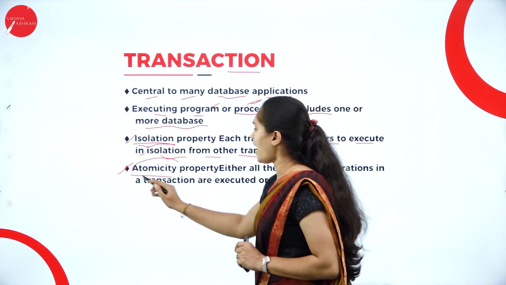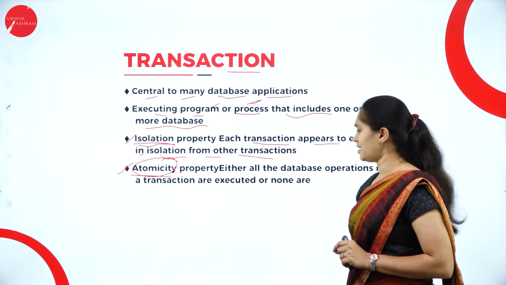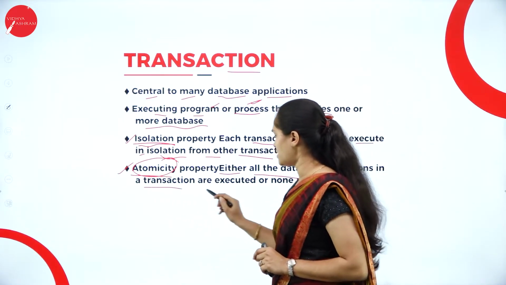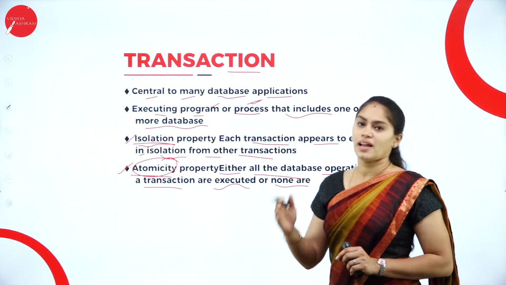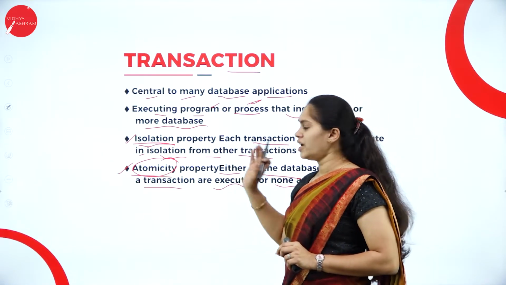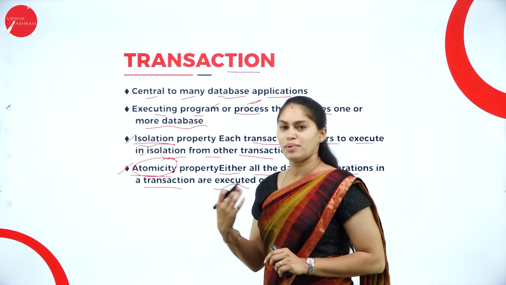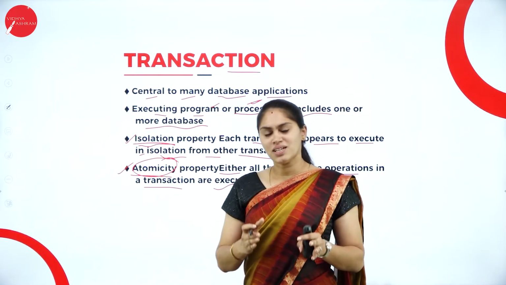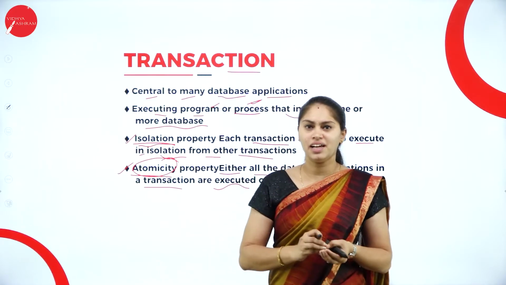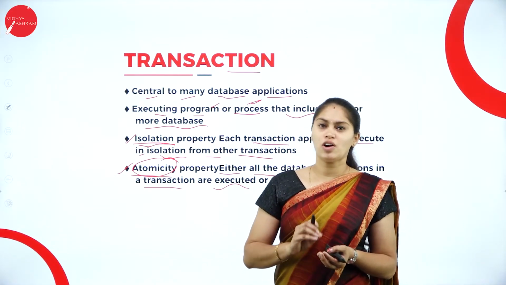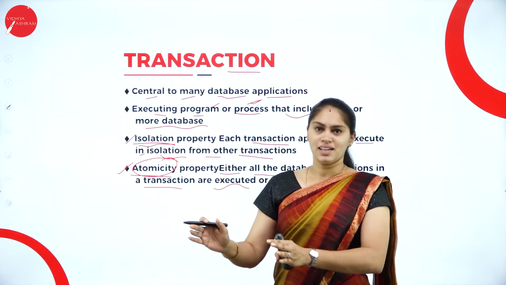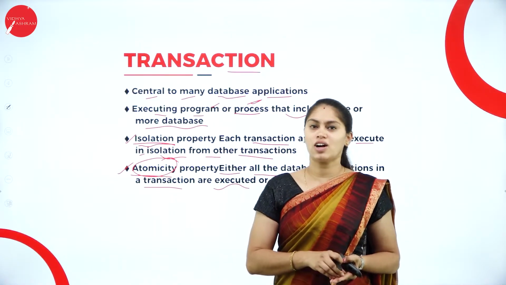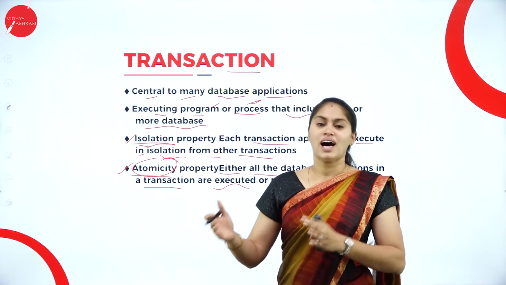And we also have atomicity. What do you mean by atomicity here? It ensures that either all the database operations in a transaction are executed or none are executed. Take the example of Google Pay or PhonePe, any online transaction. Either the money is deducted from your account and credited to another account, or the amount is not deducted from your account and not credited to another account.